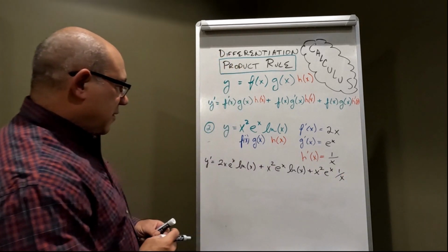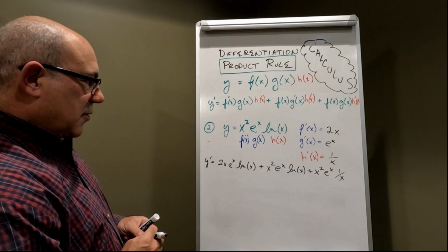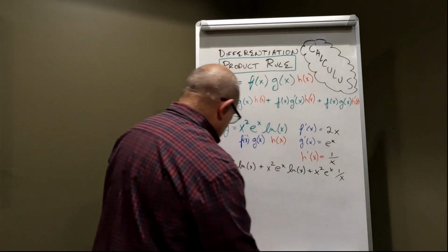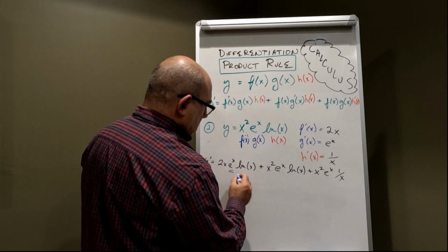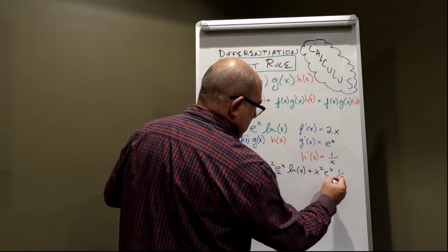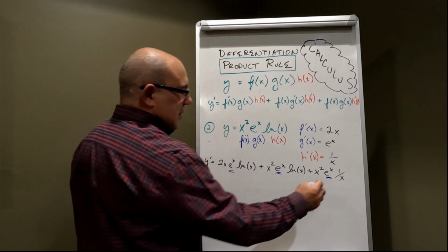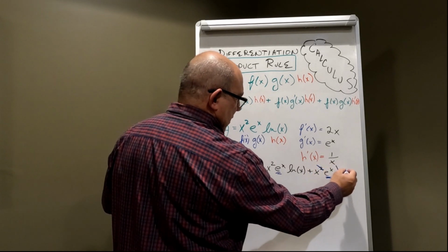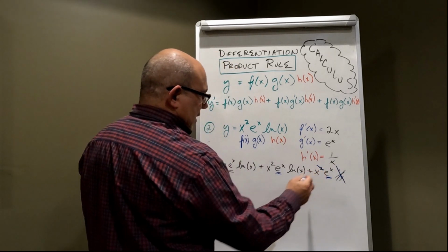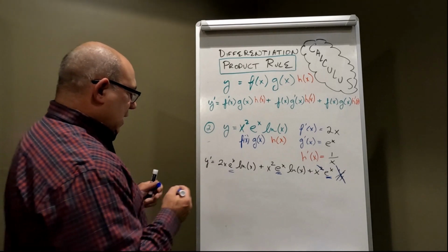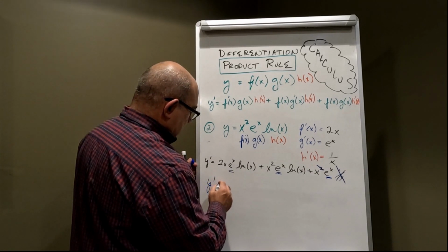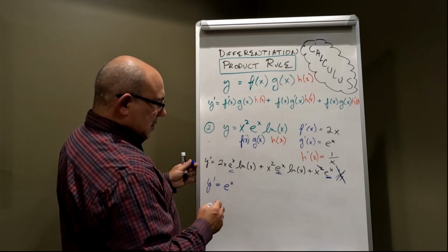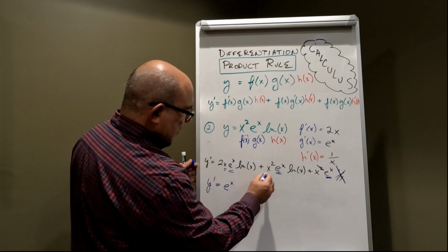And we can simplify this a little bit. We see that we have an e to the x as a common factor. And then we can see that this 1 over x will cancel out the x squared, so we can get rid of that. So we have e to the x times x. So factoring out the e to the x, actually, we also can factor out an x.